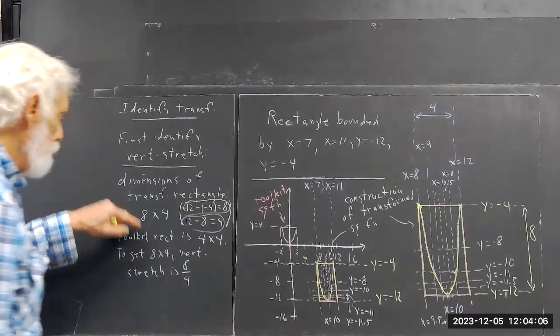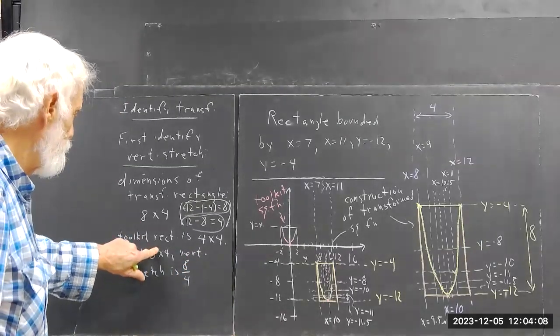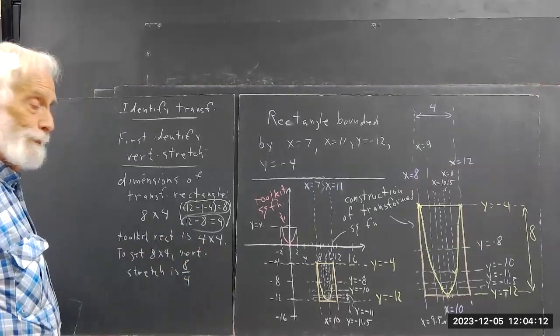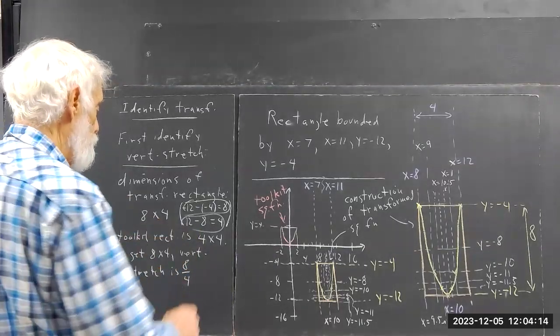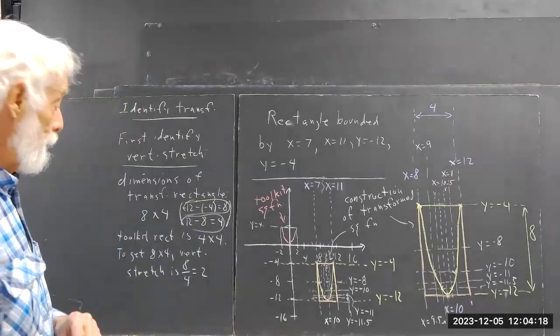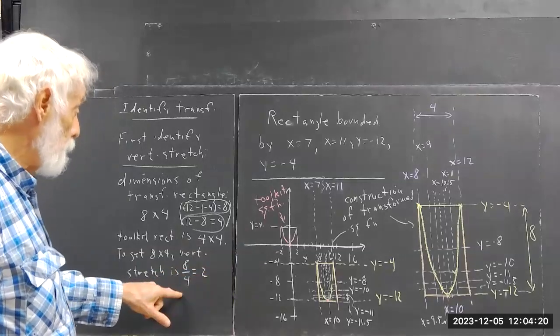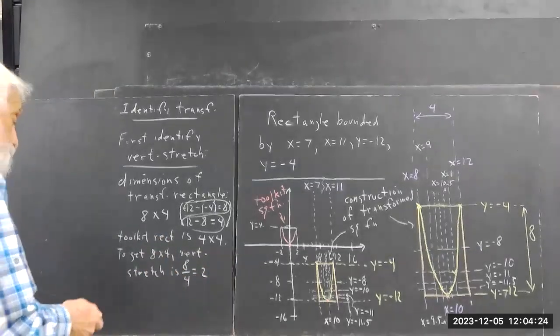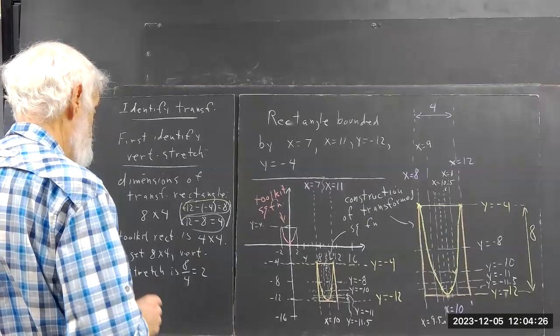Well, if we divide this dimension by this dimension, we divide 8 by 4, and that tells us how much we have to stretch this. Because if we stretch it double, we get 2 times 4, which is 8. Okay, so there's our stretch.